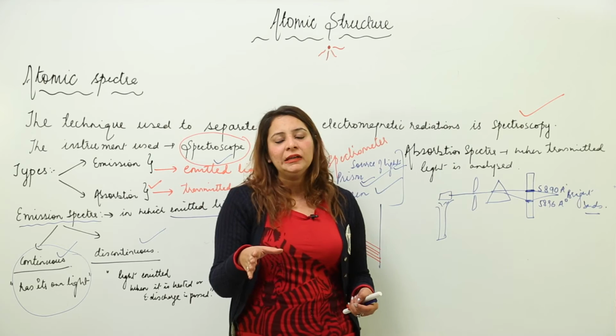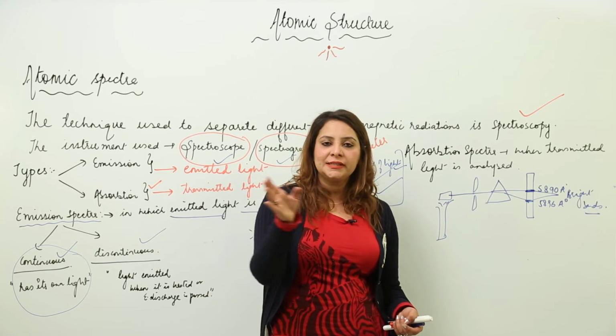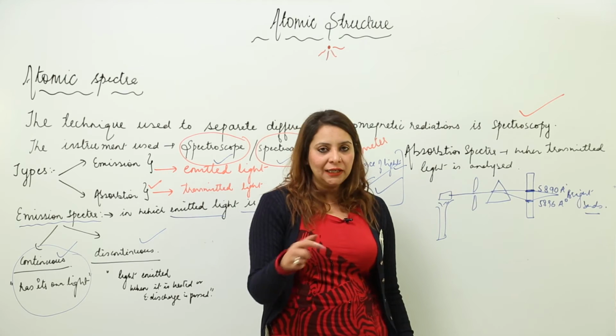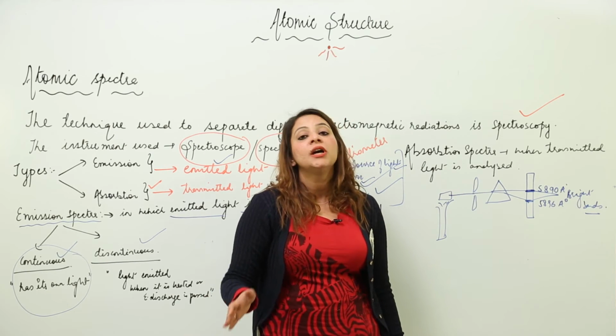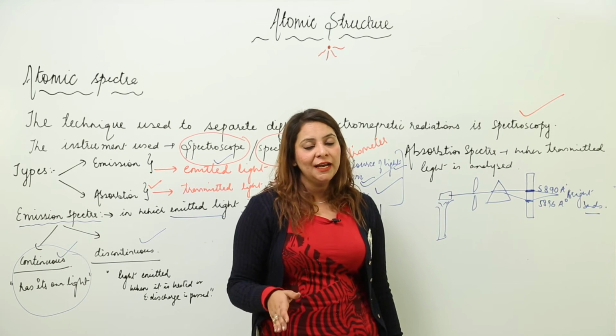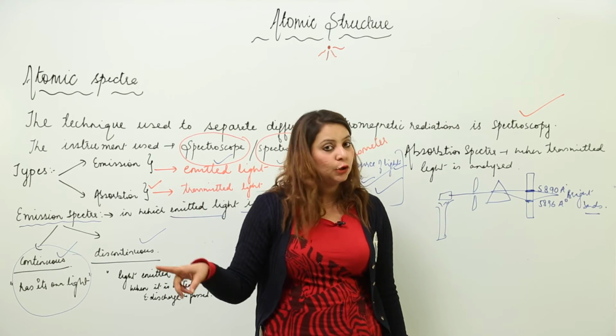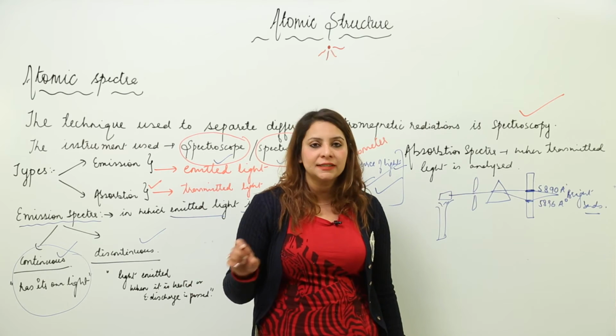But it does not depend on whether you are heating it or passing current; that hardly makes a difference. Suppose I take sodium and heat it or pass an electric discharge, whenever the emitted light is analyzed, the bright lines appear only at 5890 Armstrong and 5896 Armstrong, right.